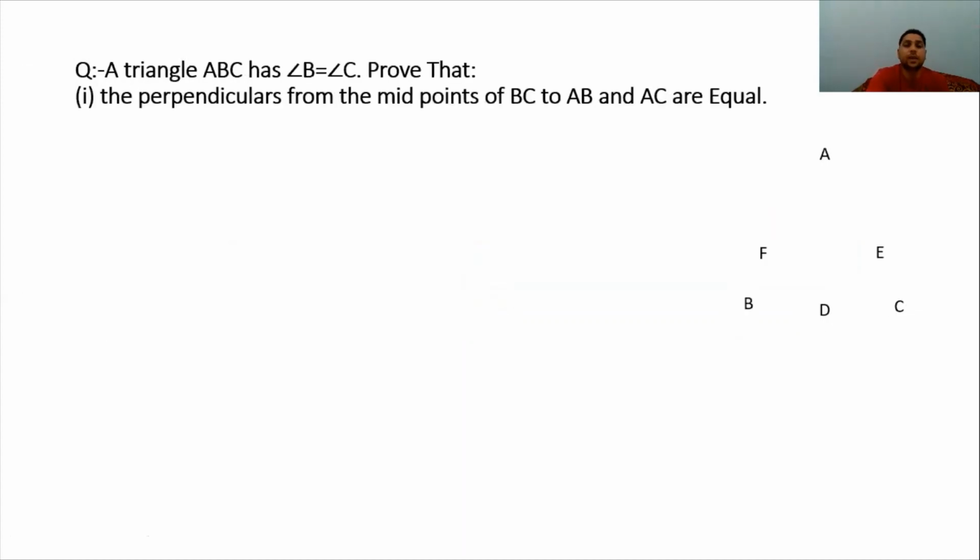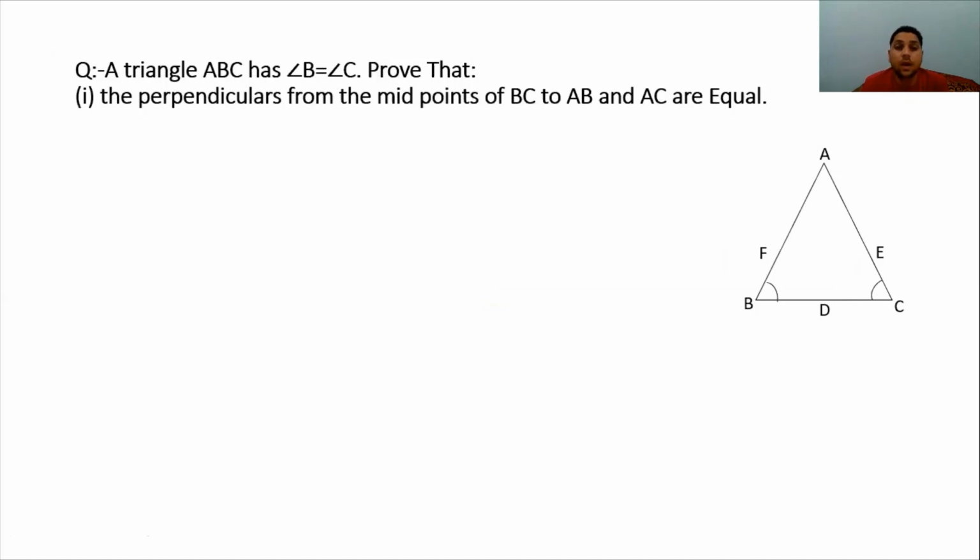Now next, let us begin with the question. We have a triangle ABC in which angle B is equal to angle C. So it is given that the base angles are the same.